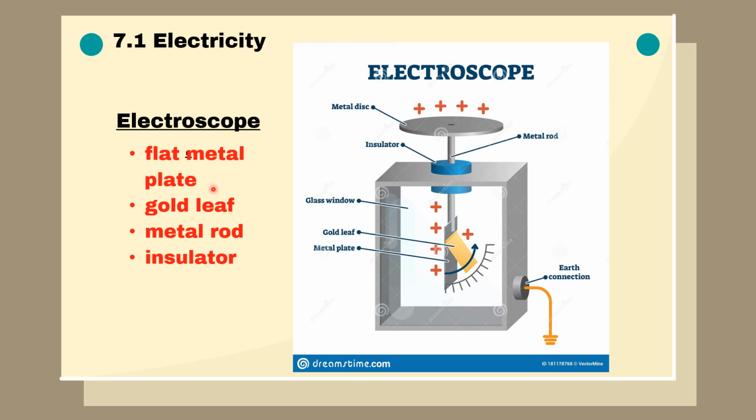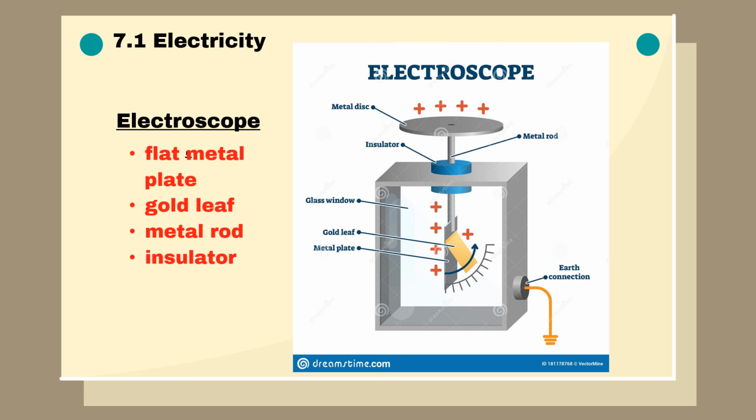There are flat metal plate, gold leaf, metal rod, and insulator. Flat metal plate is this one, and the gold leaf is this one. Metal rod is this one, and the insulator is this one. So this is the structure of the electroscope.